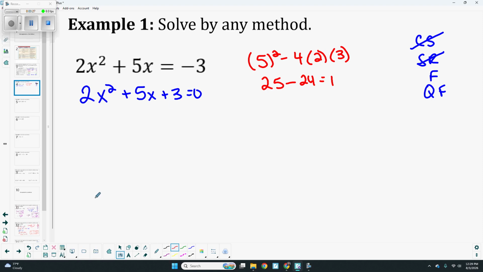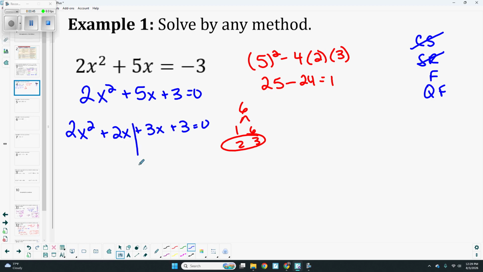So if I'm going to factor this, we know 2 times 3 is 6, and 2 plus 3 is 5. So this is going to be rewritten as 2x squared plus 2x plus 3x plus 3, and we're going to do grouping. 2x comes out of those, 3 comes out of those.